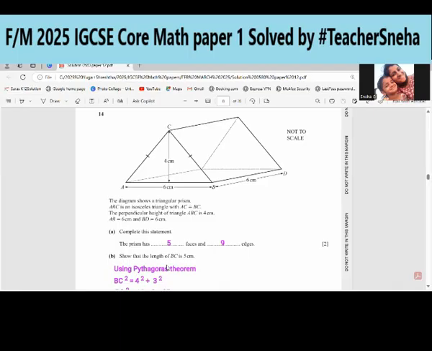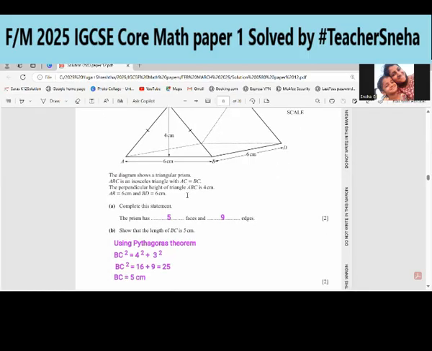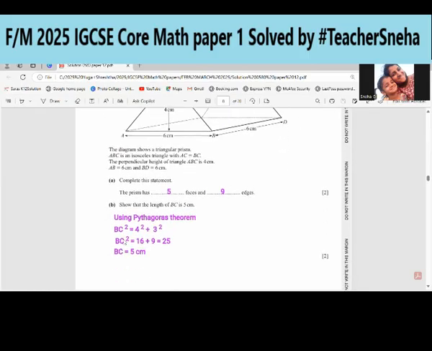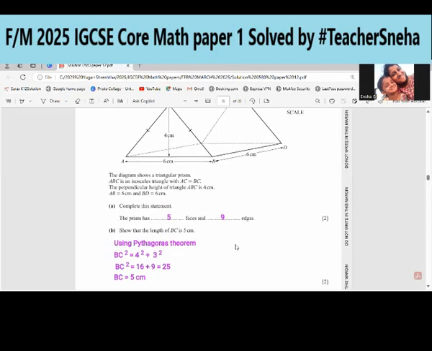Show that length of BC is 5 centimeter. BC is this. If I closely see, this is perpendicular height. So BC is the hypotenuse. Therefore, I will be using Pythagoras theorem. So BC square is equal to 4 square plus 3 square. Now from where do I get the number 3? The base fully is 6 centimeter.